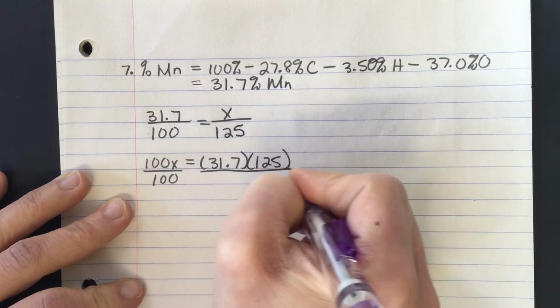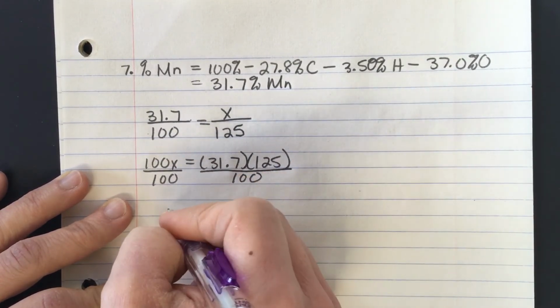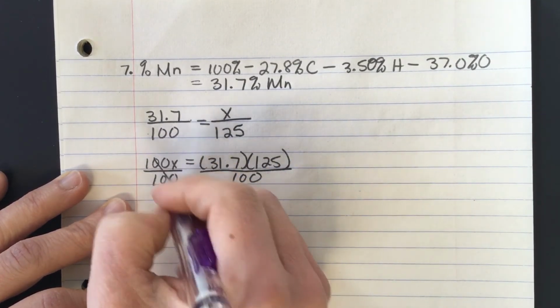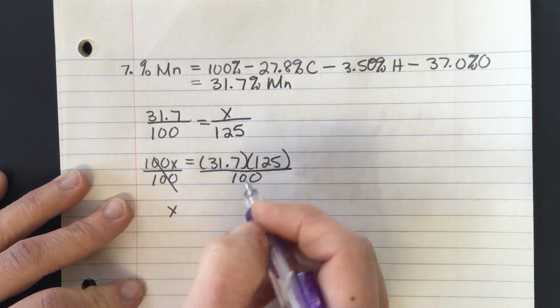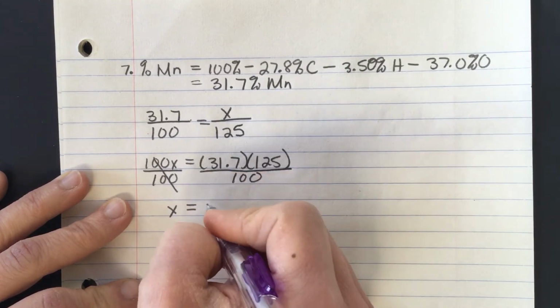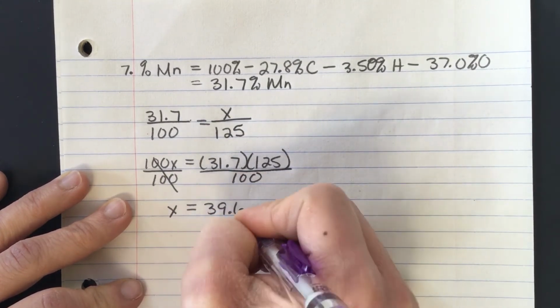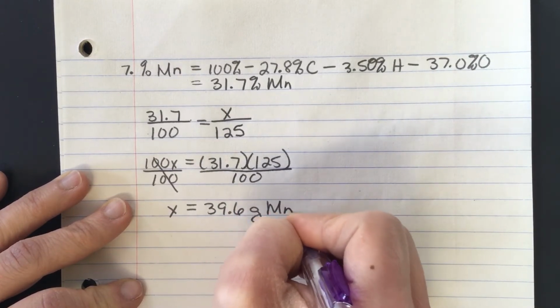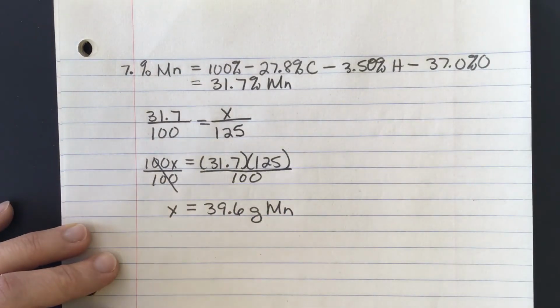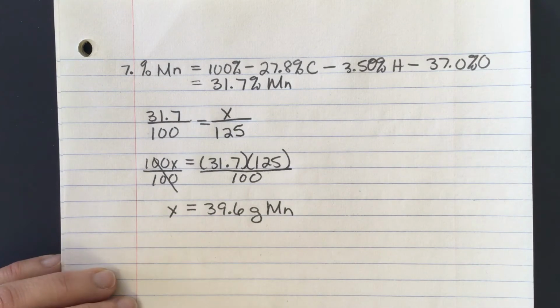Divide each side by 100. And when I do my multiplication and division, I get that x is 39.6 grams of manganese in 125 grams of manganese 2 acetate, I believe it was.